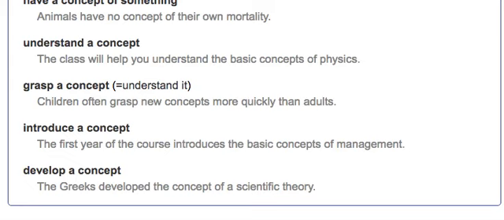All right, this is the last one. Develop a concept. The Greeks developed the concept of a scientific theory. That's it. Concept is a very important word. It's one of the top 60 academic words in English.